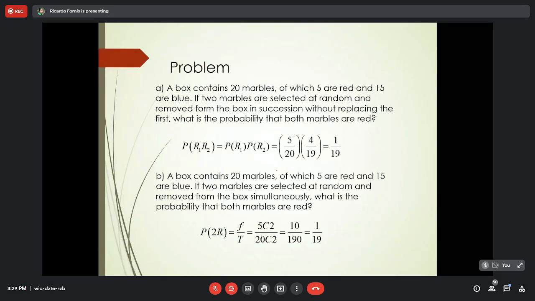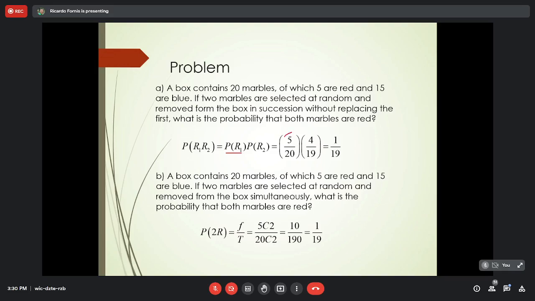Now, in this particular case, you can use the multiplicative property, no? Probability R1 and R2. Probability red 1 and red number 2. The probability of getting a red marble in the first draw is 5 over 20 based on the classical definition.